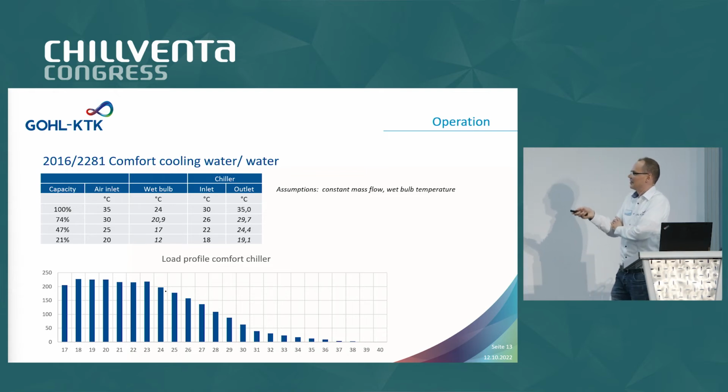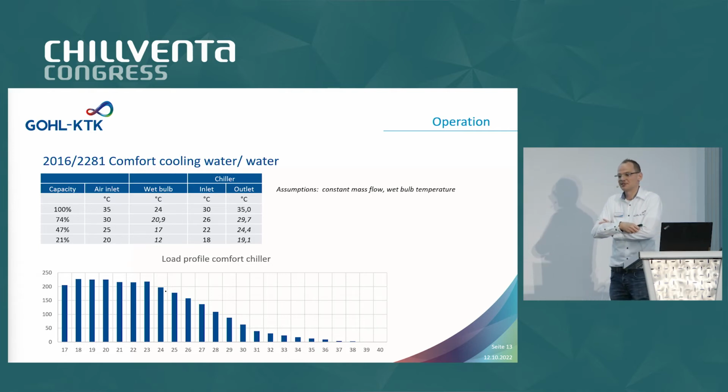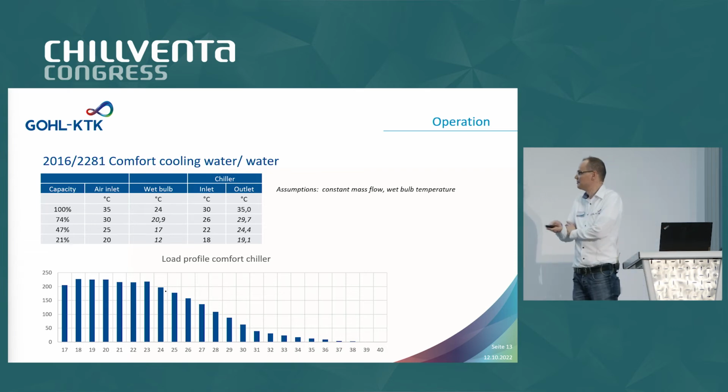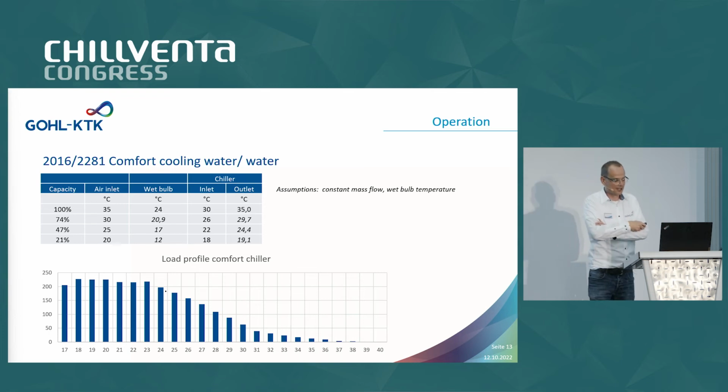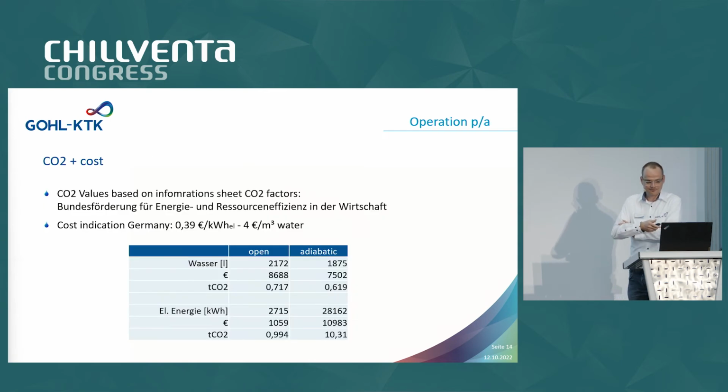And of course I had to look a little bit at our experiences, how big the wet bulb temperatures could possibly be, and also this load profile of working hours of the cooling tower or adiabatic cooler would come out of the European Eco-Design Directive.